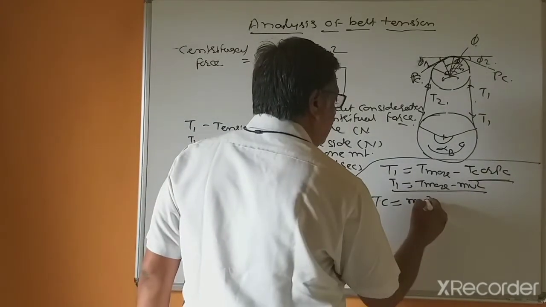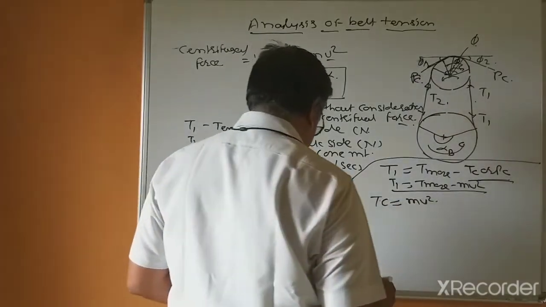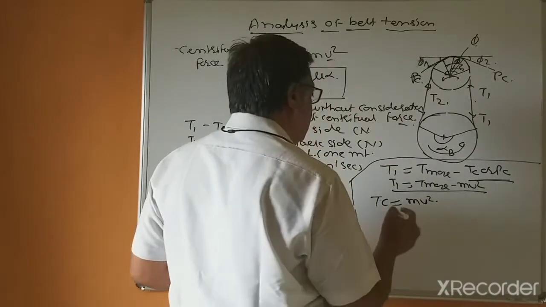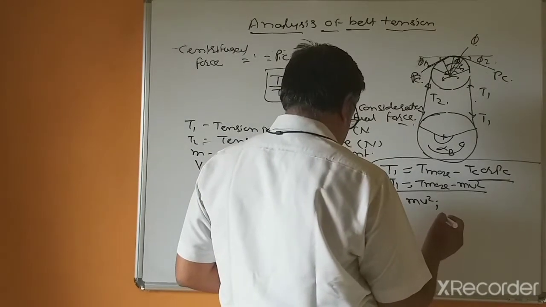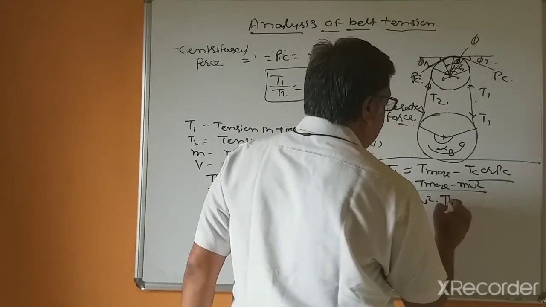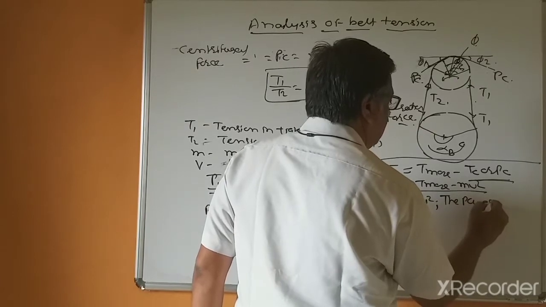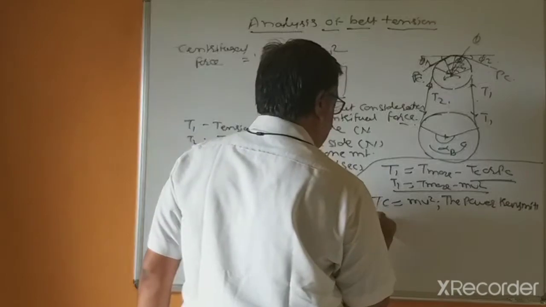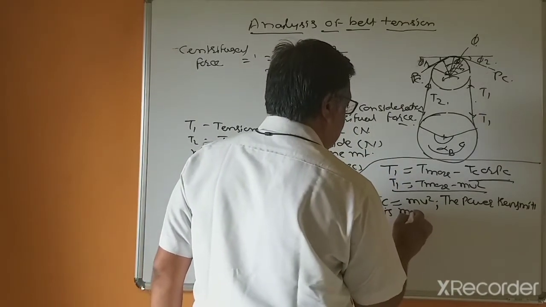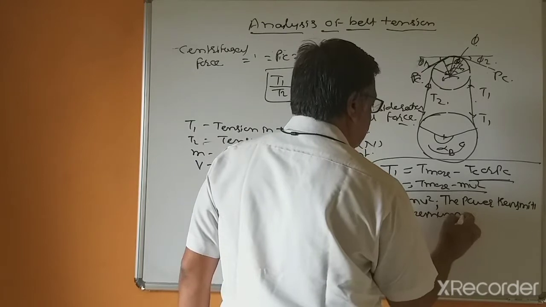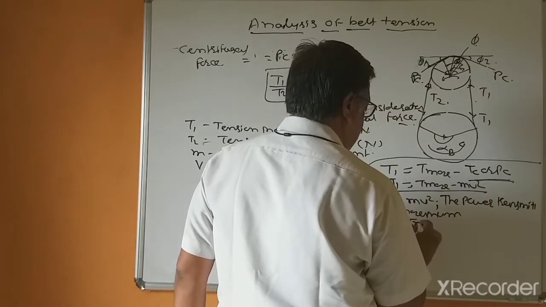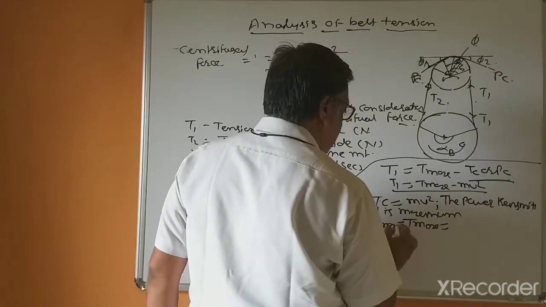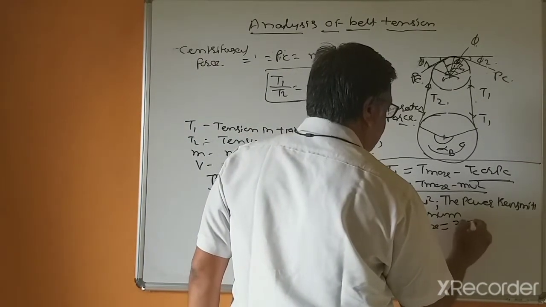So that's why V equals something, and the power transmitted is maximum under this condition: Tmax equals 3 times Tc.